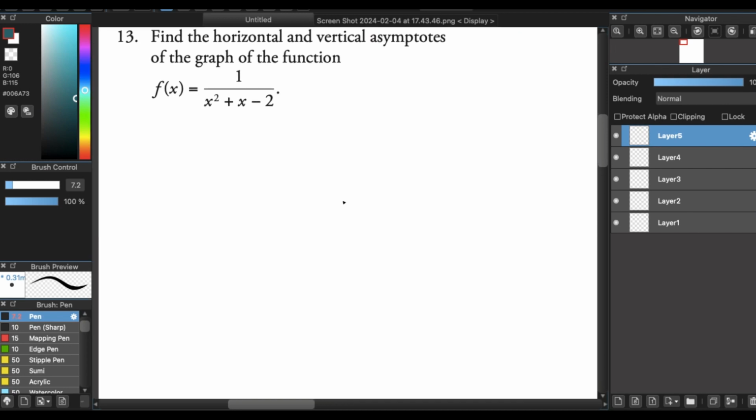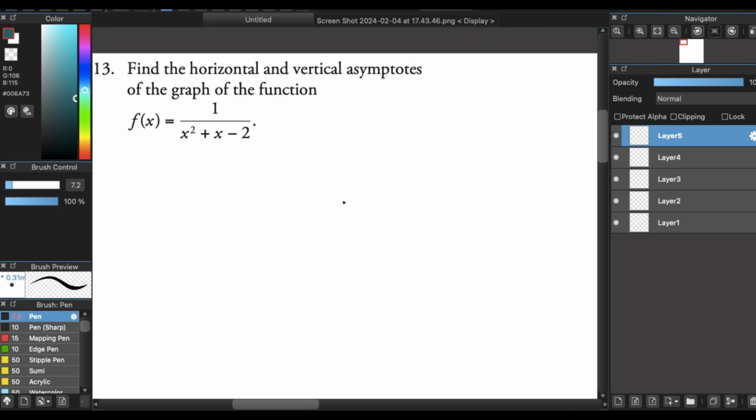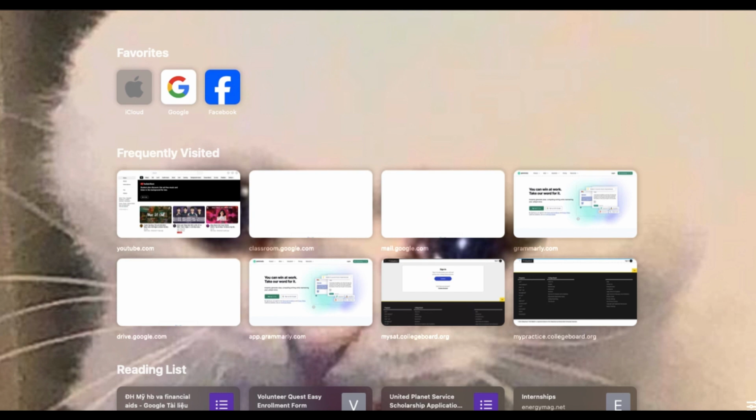So if you put this function into our graphing calculator, you're going to see something like this. Okay, so I'm going to open grouping, right?